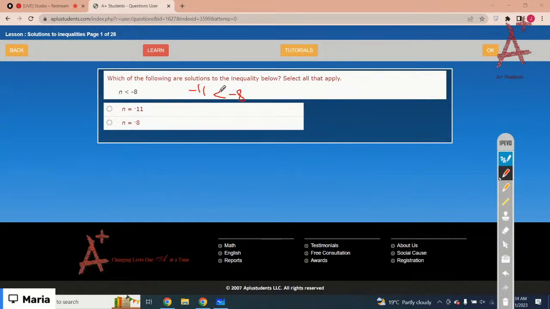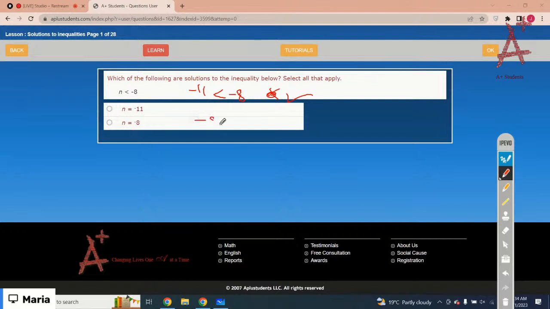Negative 11 is less than negative 8. Yes, negative 11 is less than negative 8. The correct option is negative 11.